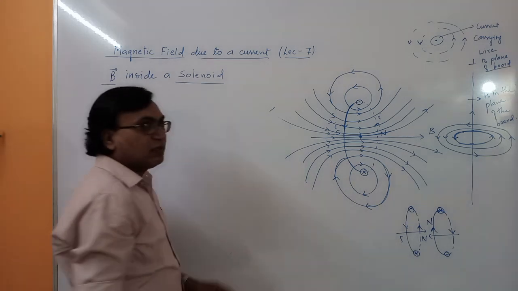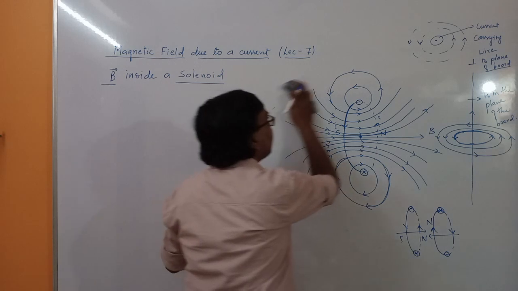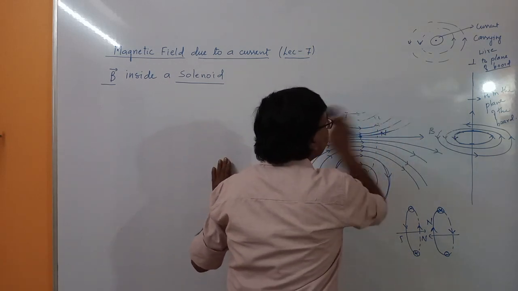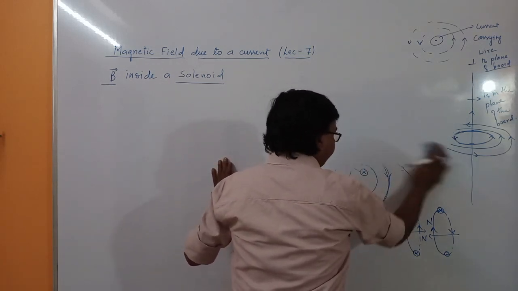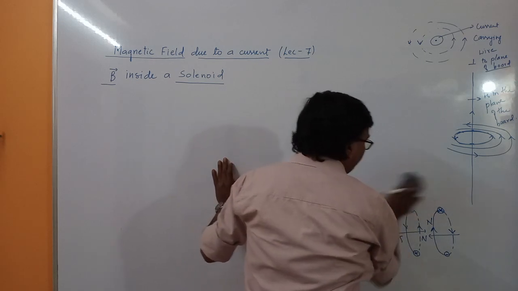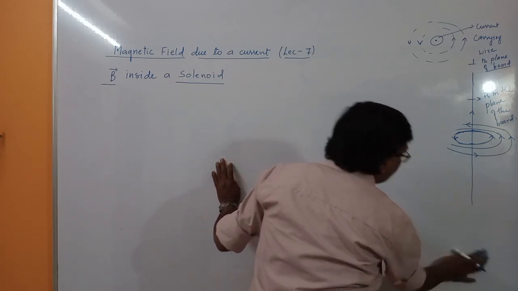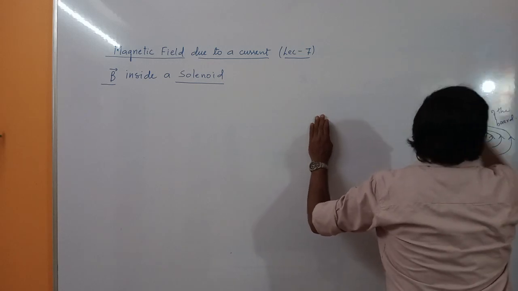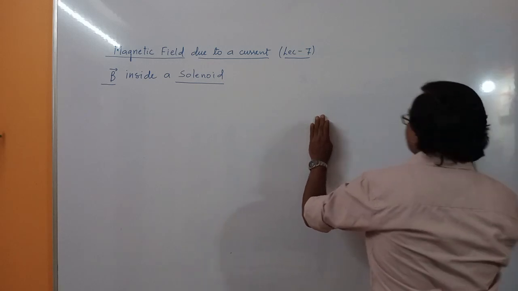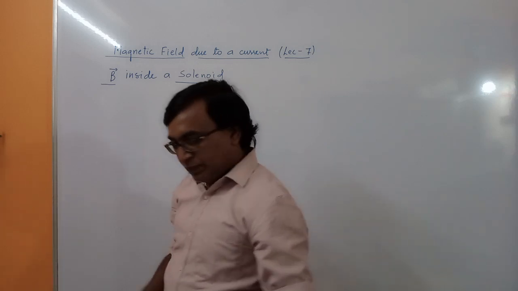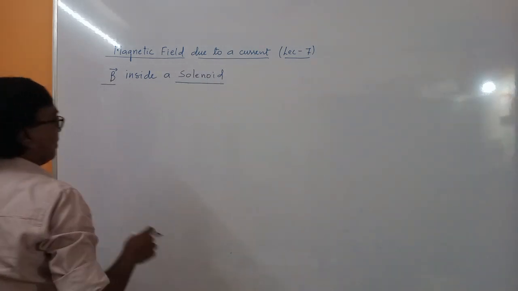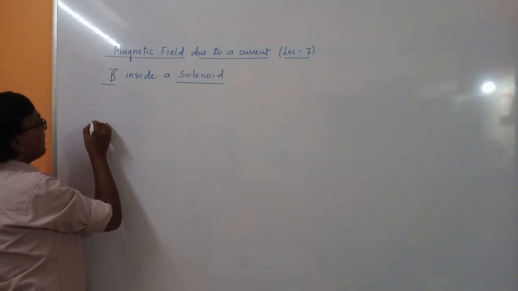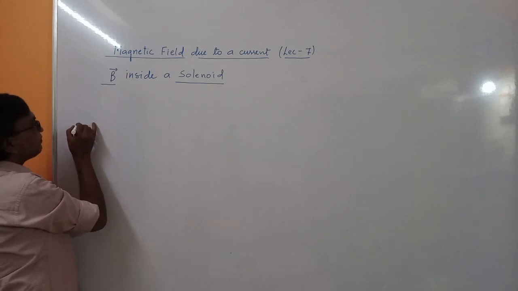Wherever you want a uniform magnetic field, you can make use of solenoids. So let us take a solenoid here.